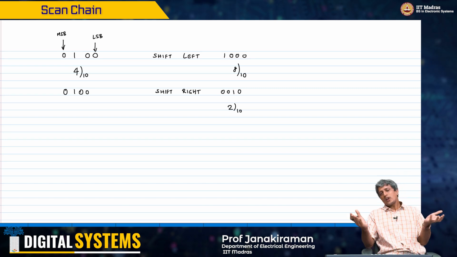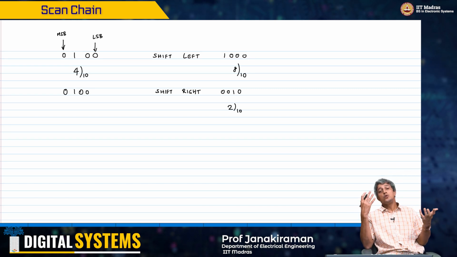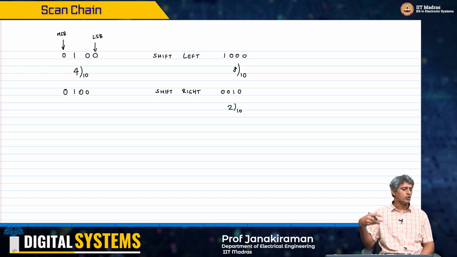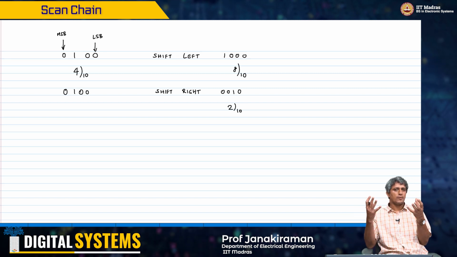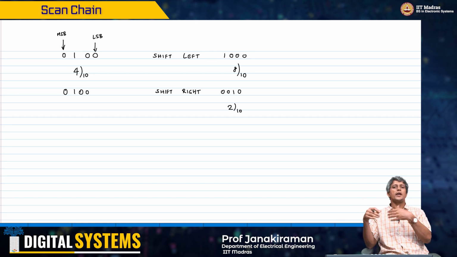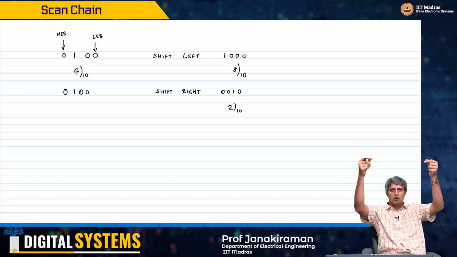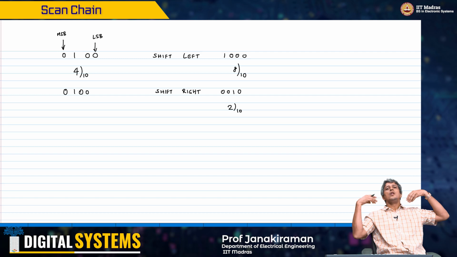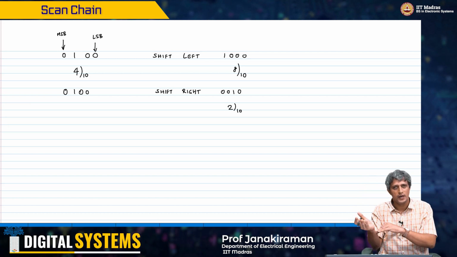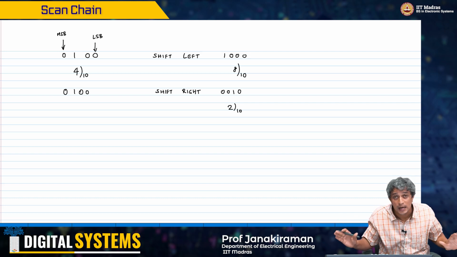So shift left and shift right are very useful arithmetic operations as well, and in general, you have the concept of a universal shift register that can do any of these operations. Either you want to do parallel load, or a shift left, or a shift right, or you just leave the data as it is.